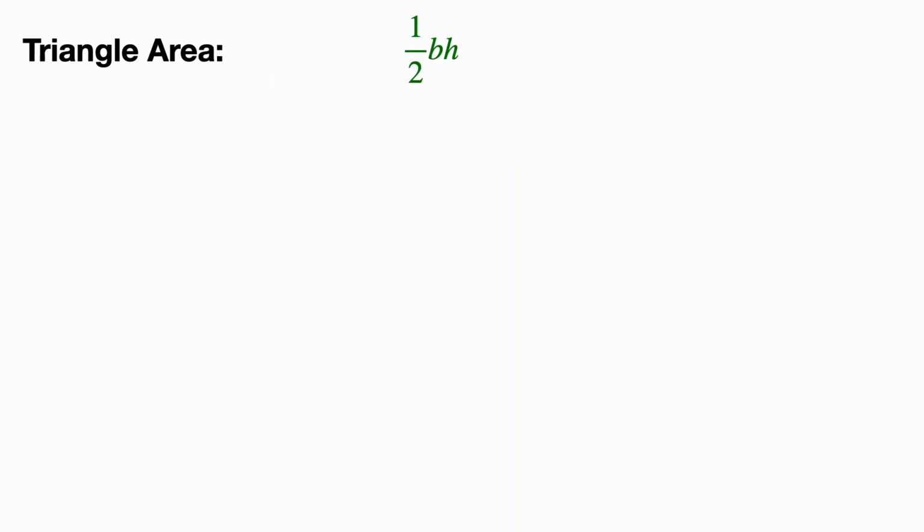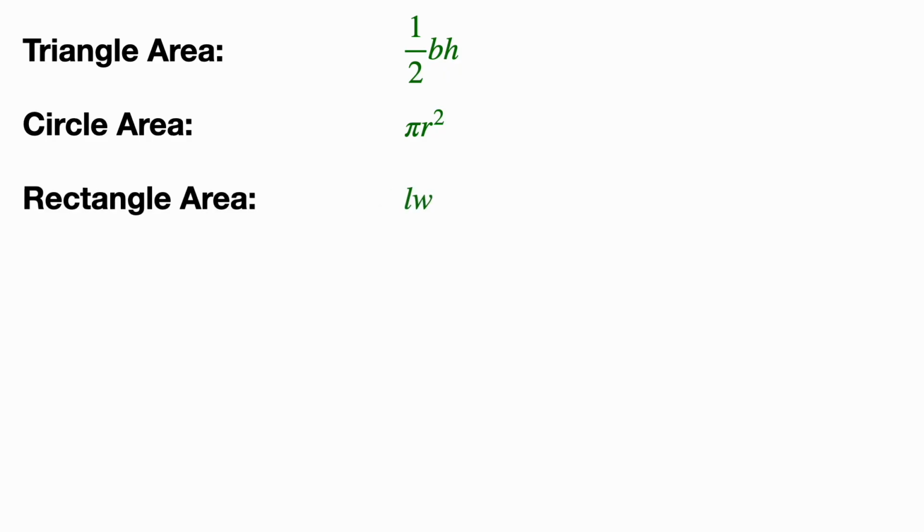We have just used the area of a triangle formula of 1/2 b times h, or 1/2 base times the height. Some of you are aware of the area of a circle formula, pi times r squared, or pi times radius squared. Another formula is to find the area of a rectangle, which is L times W, or length times the width.